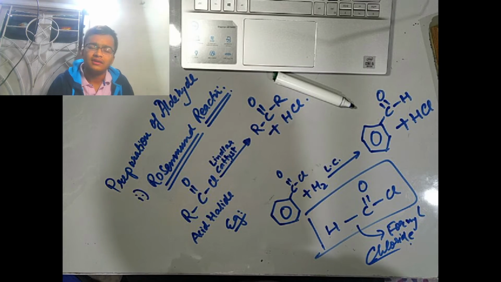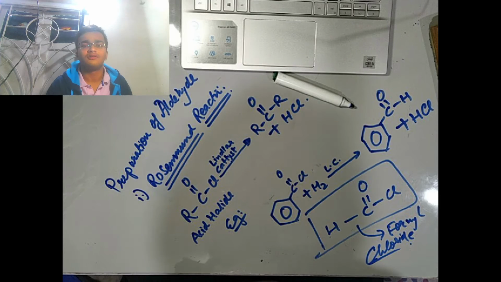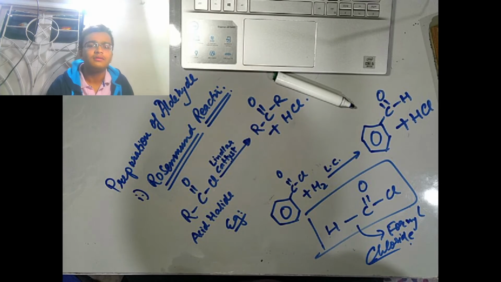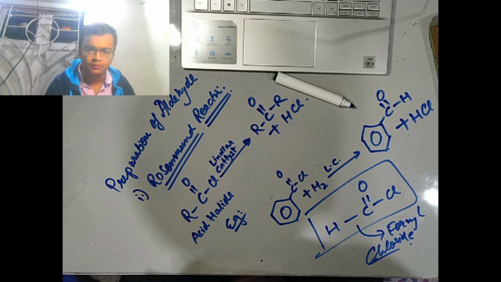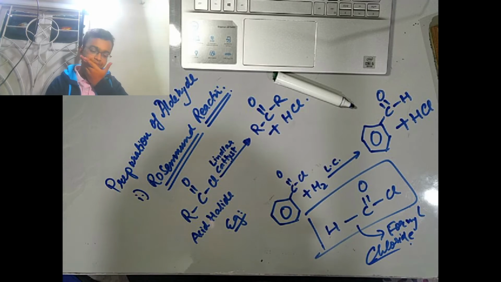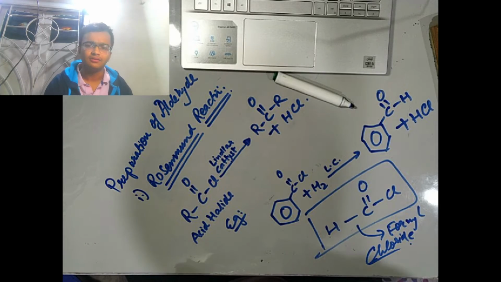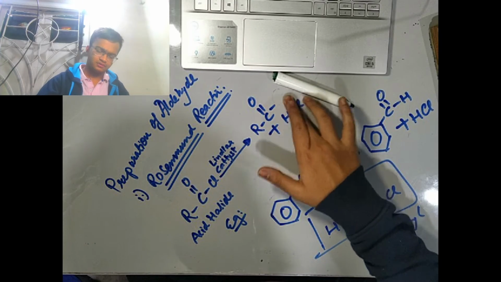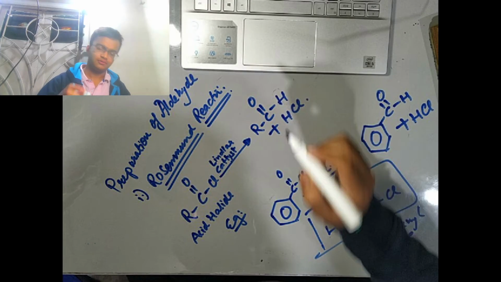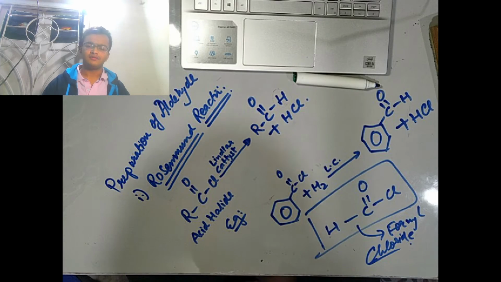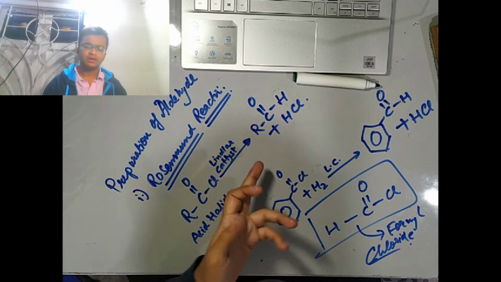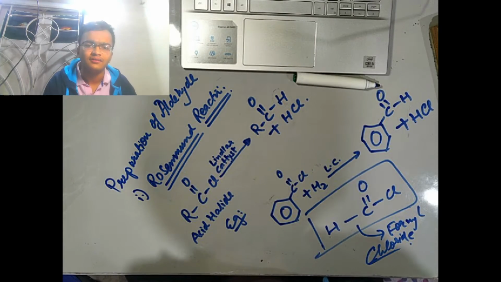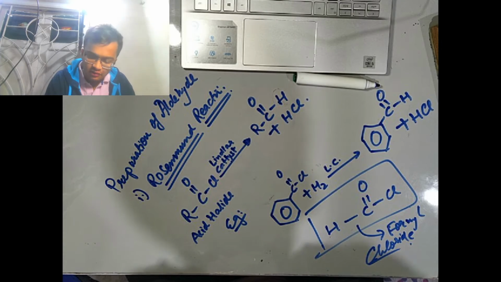It can also be called quinoline. It gives RC double bonded OH, where R is an alkyl group. This forms an aldehyde along with one HCl.